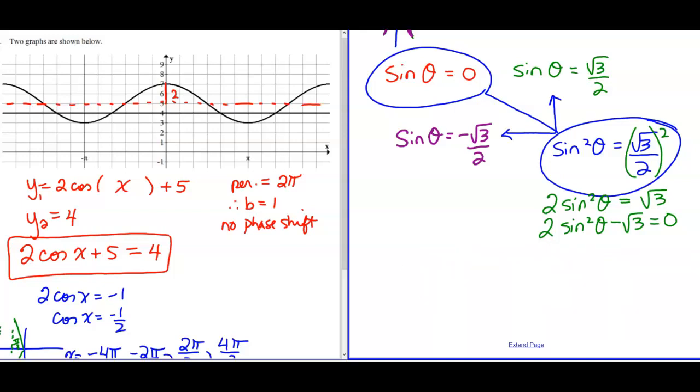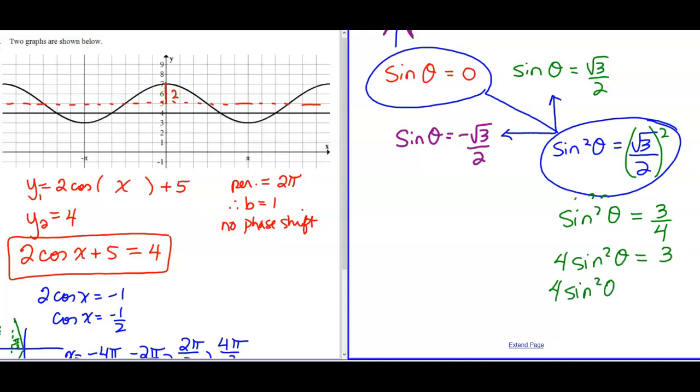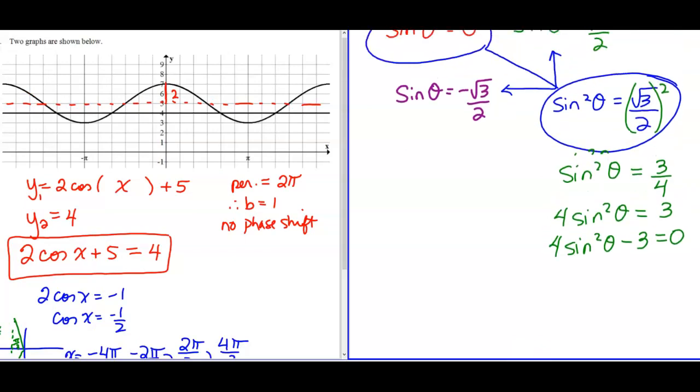Sorry. So sine squared equals this squared, so that when I take the square root of both sides, I get plus or minus root 3 over 2. I forgot to square that. Thank you. Okay, so now let's just fix that. Sine squared theta equals 3 over 4. There you go. Okay, so now those are your two factors.